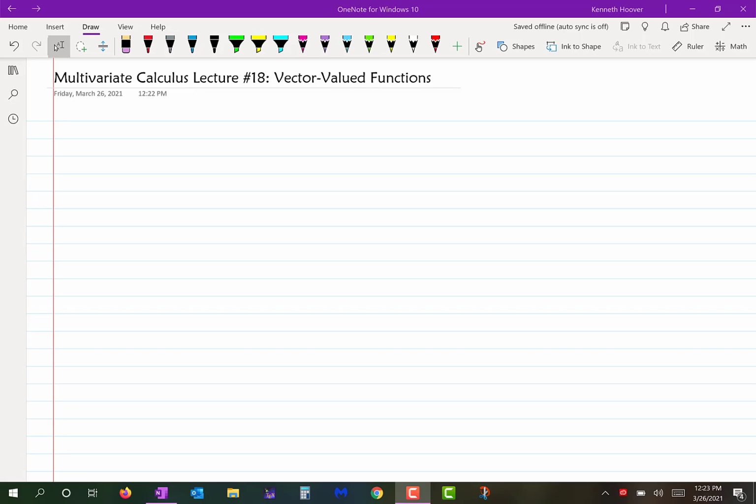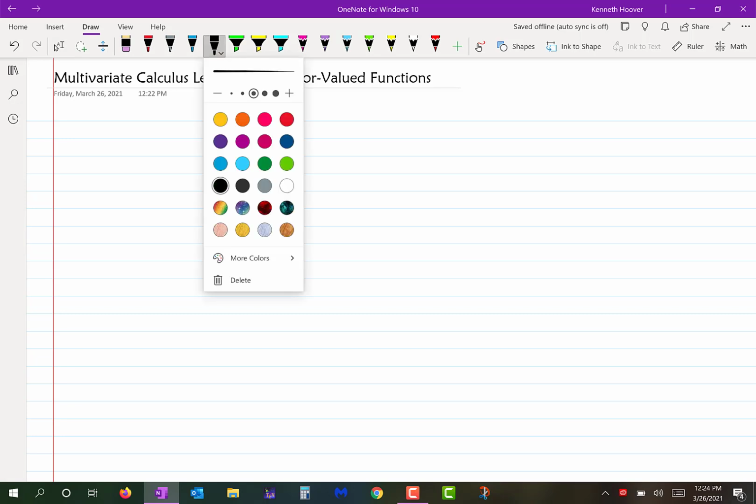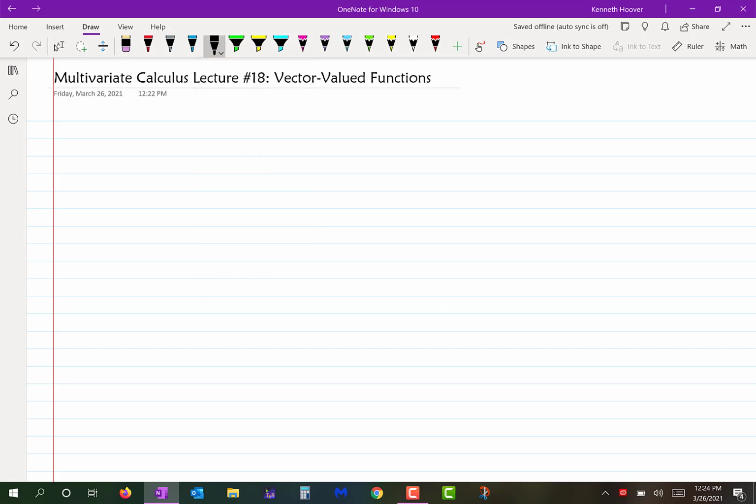Okay, today we're going to talk about what are called vector-valued functions. You're used to, in calculus, doing functions that are called real-valued functions. Let me write this down for you.